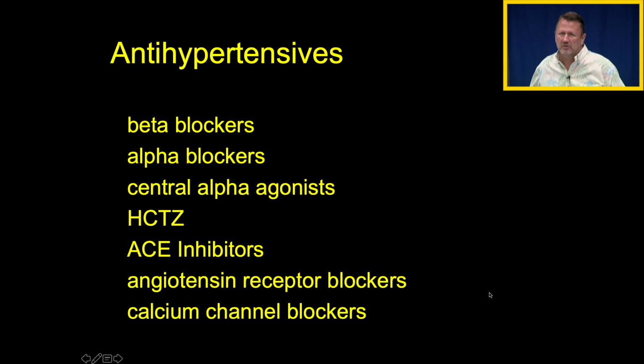ARBs are angiotensin 2 receptor blockers. Remember, angiotensin 2 is our vasoconstrictor, and so by preventing its conversion through the use of angiotensin converting enzyme inhibitors, we can prevent the production of angiotensin 2, or we can block the receptors, angiotensin receptor blockers, or angiotensin 2 receptor blockers.